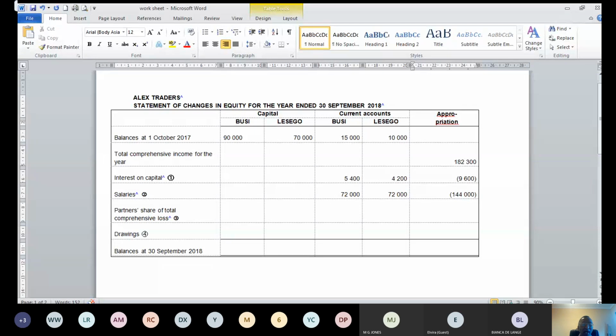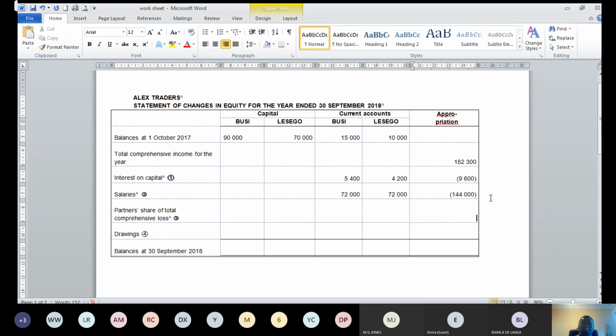Those were the only two items that will impact on our profits as per the partnership agreement. So the partnership agreement stipulates interest on capital and salaries. Your next step is now to calculate the available profit.